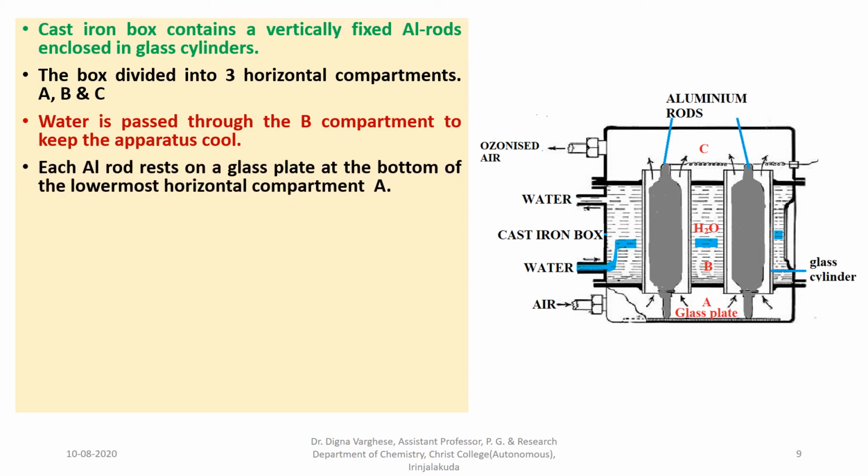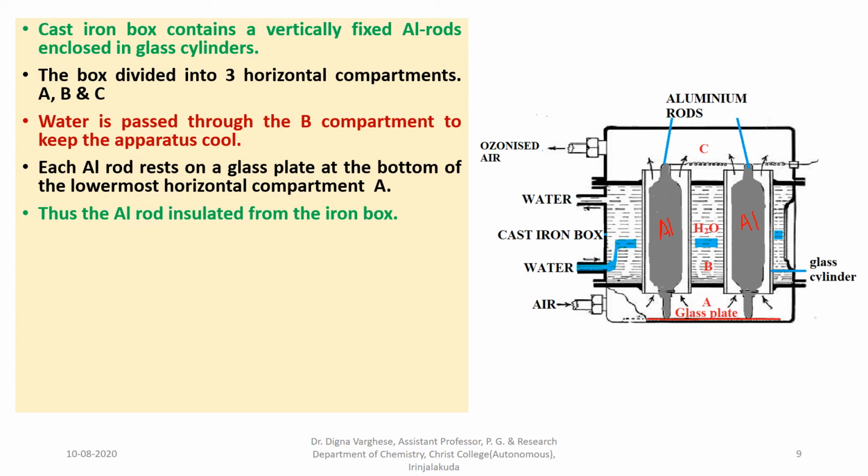Each aluminium rod rests on a glass plate. These aluminium rods are not directly attached to or fixed to the cast iron box. They are fixed on the glass plate which is placed in the lower A compartment, and by this the aluminium rod is insulated from the iron box.